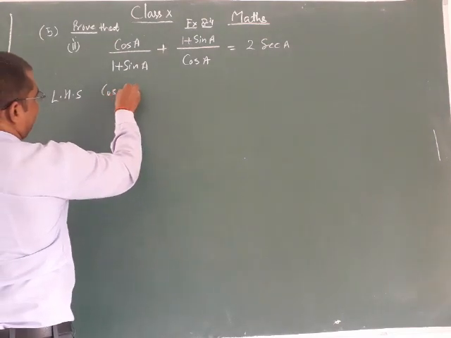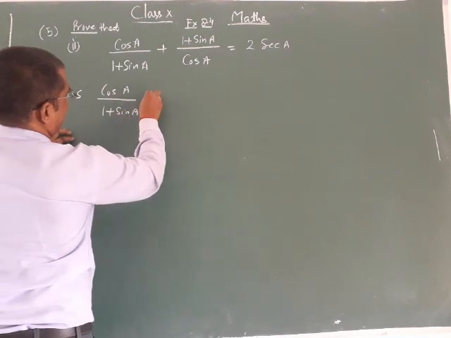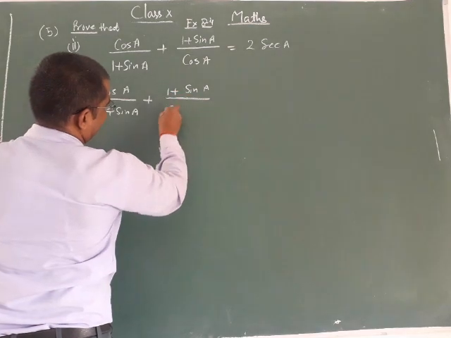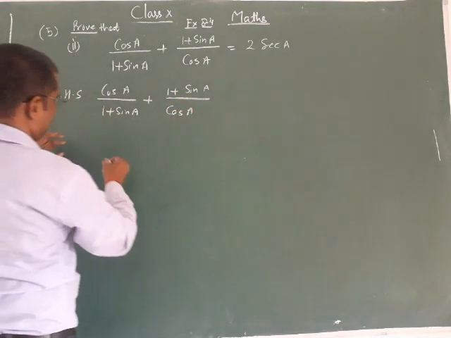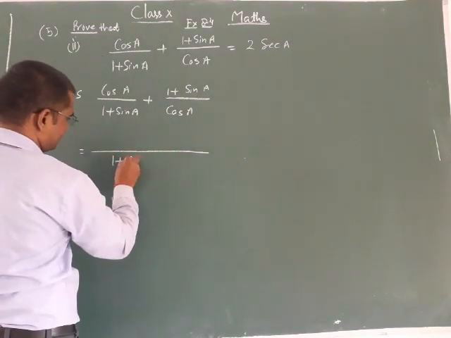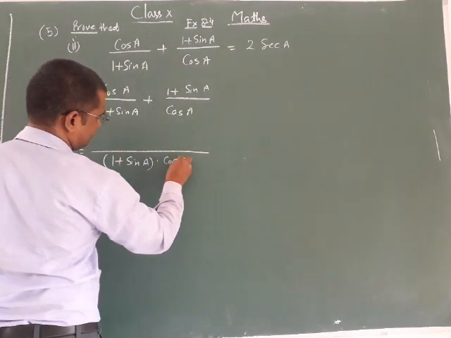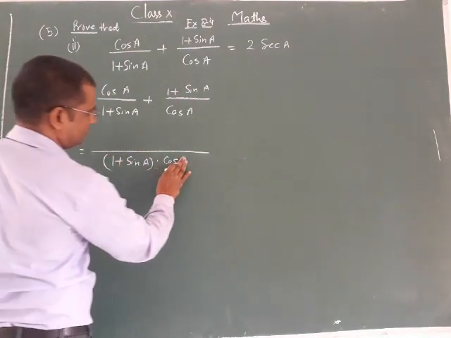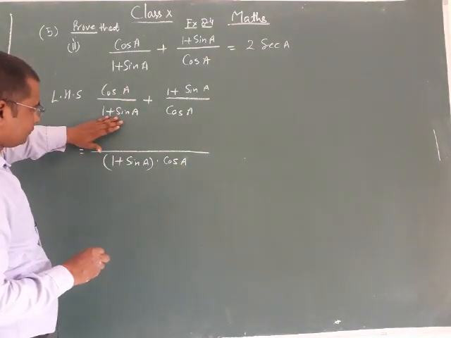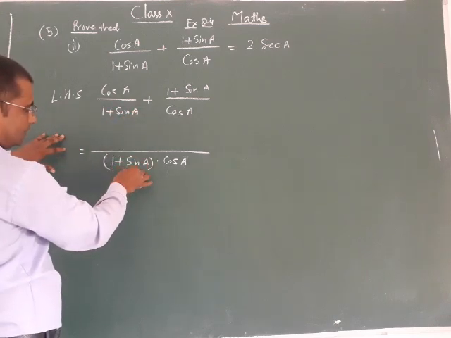cos A upon 1 plus sin A plus 1 plus sin A upon cos A. So, now taking LCM, (1 plus sin A) into cos A. So, 1 plus sin A, 1 plus sin A cancel out.